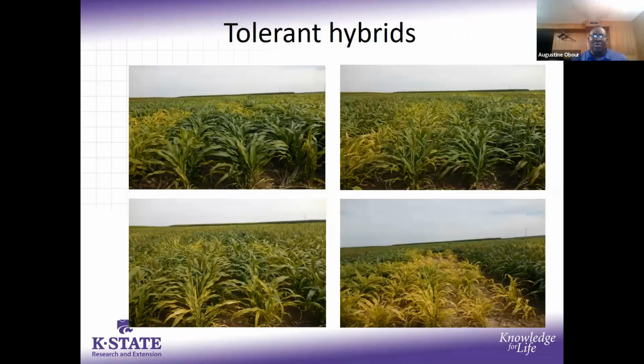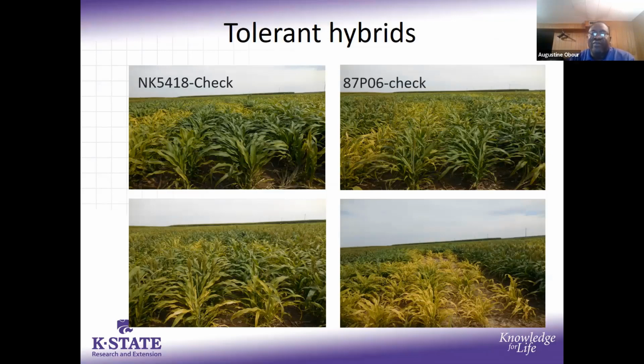Then there's also differences in hybrids. Some hybrids are tolerant to iron deficiency compared to others. So these are 4 different hybrids. This is NK5418 that we did not apply any chelate. It's showing some chlorosis, but not as bad as Pioneer 85Y40.